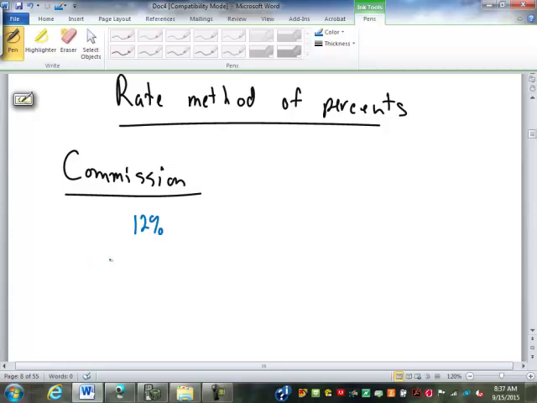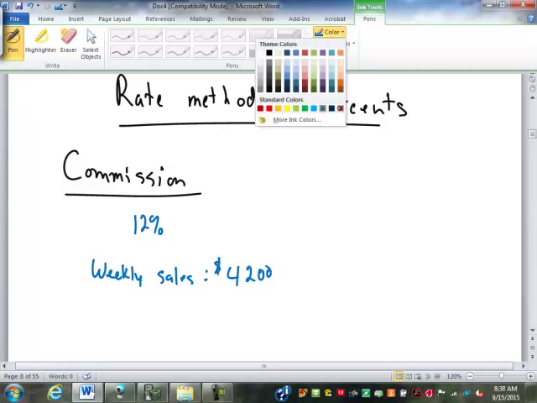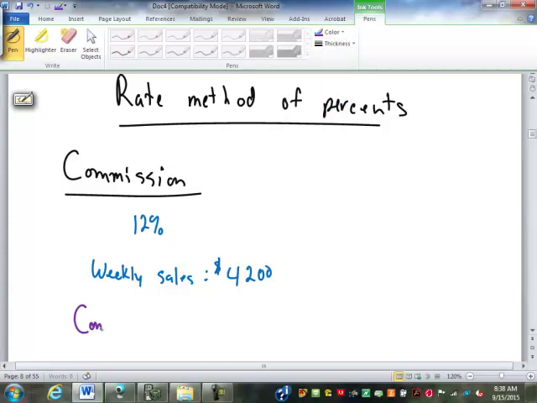So if you have a week where your sales are $4,200, to figure out what your commission is, you would have to find 12% of 4,200.